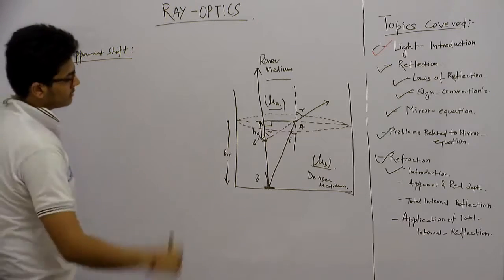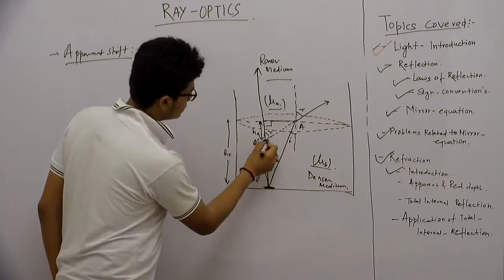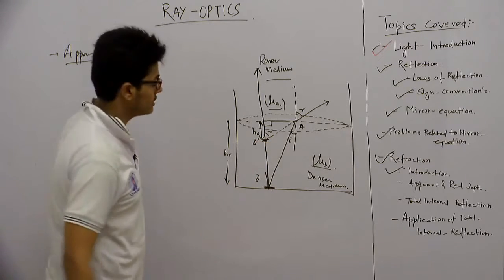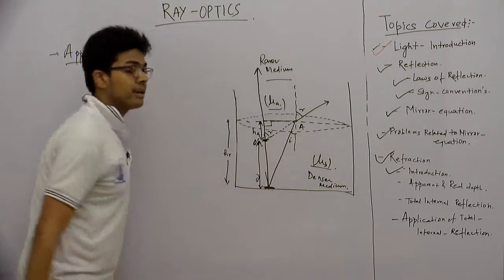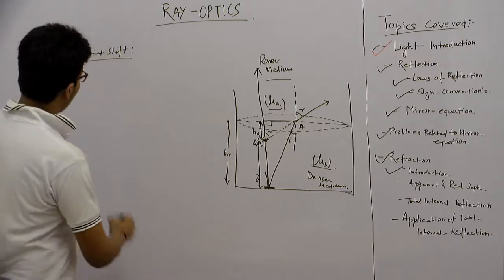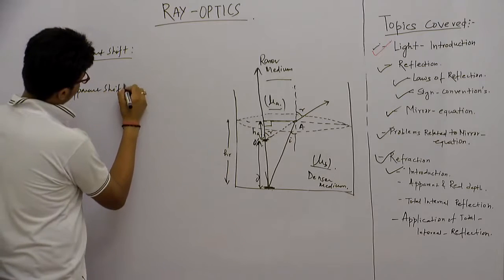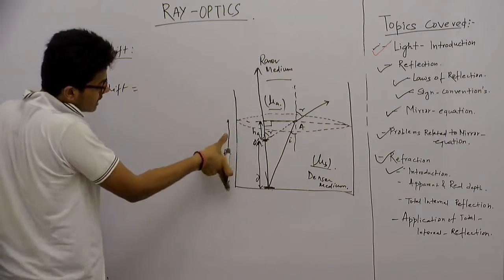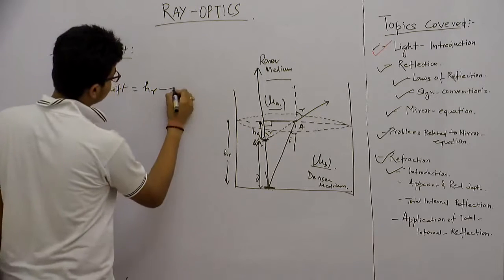In this diagram, the apparent shift when the object is moved from this position due to refraction, this part is the apparent shift. So apparent shift we may write as HR, that is the real height minus the apparent height.